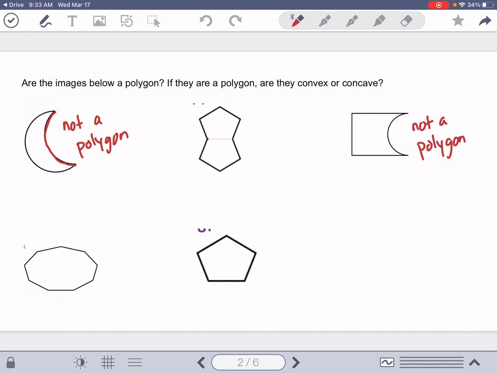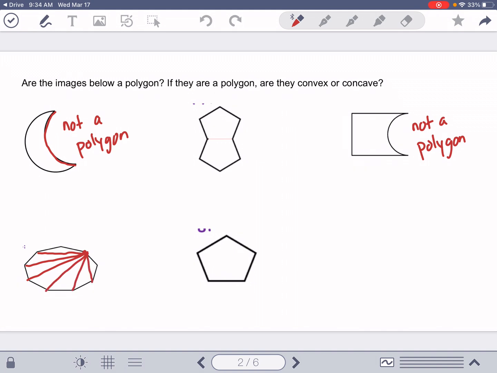So convex polygons, remember? Convex polygons, they kind of open outward. All of the diagonals that you would draw would stay on the inside of the shape. So a diagonal would be from one vertex to all the other vertices.